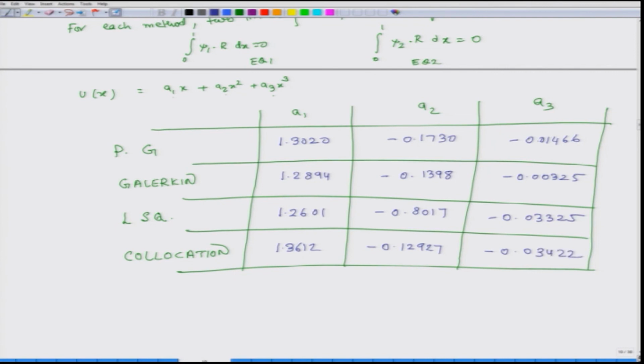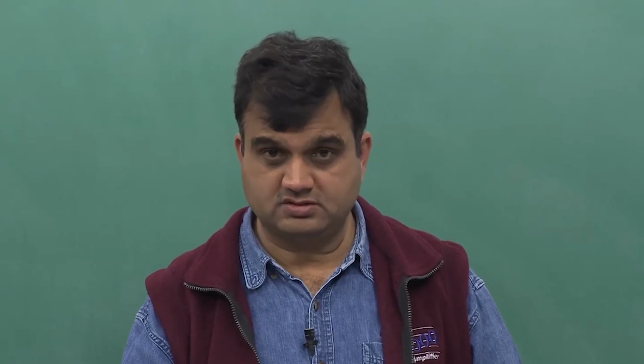If you compare, what you see is that the first term parameters are pretty close to each other, and if you keep on increasing the number of terms in the solution, all these solutions will slowly converge to the same value. In this particular case, if you compare the results with the exact solution, you will find that one method gives the best solution, but that may not always be the case for all problems.